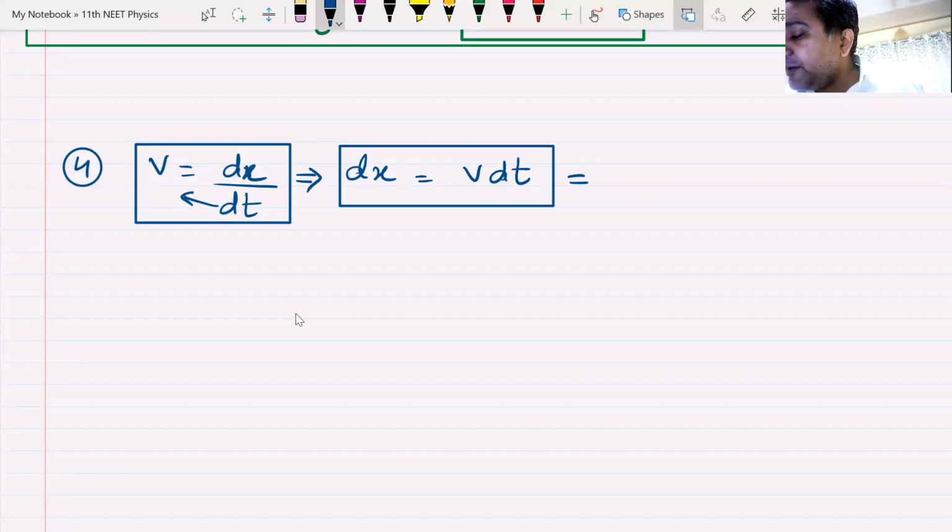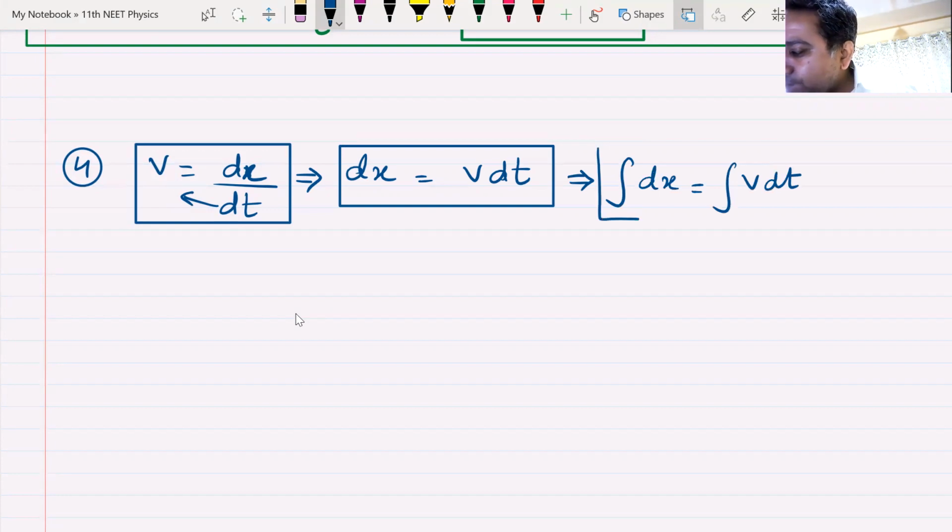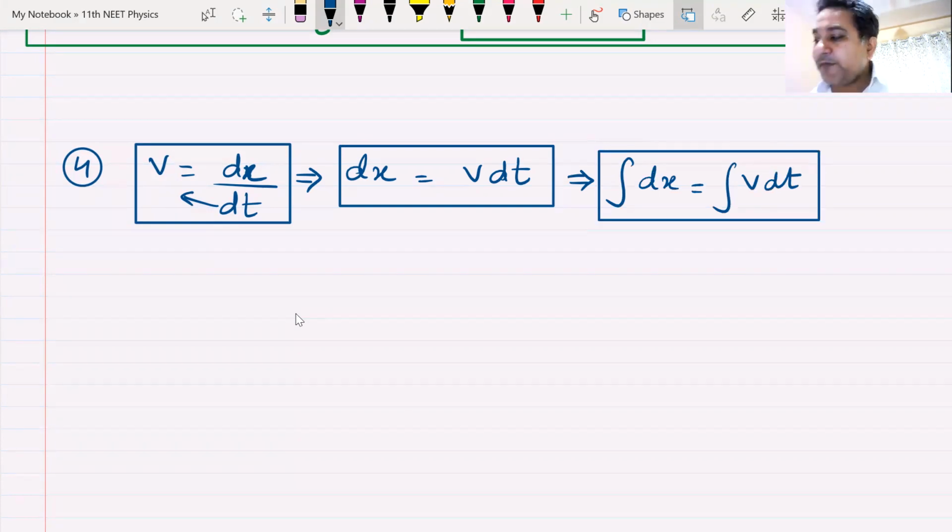Now I can integrate both sides and I can write integral of dx. Integral of dx will be equal to integral of v dt. Am I clear? How I have written this?